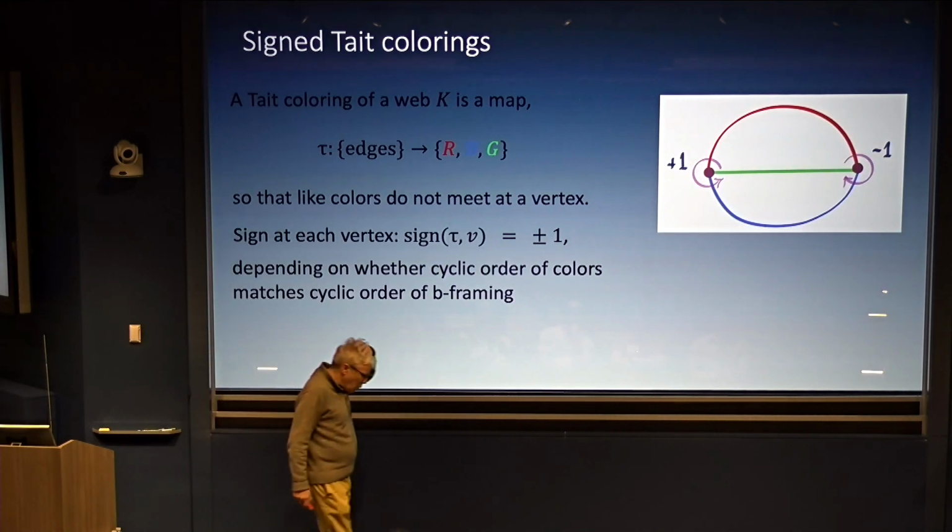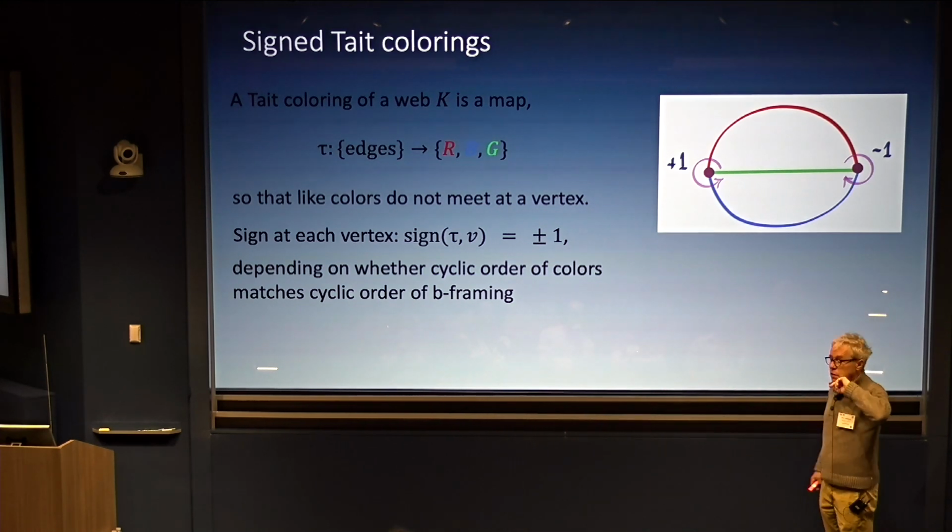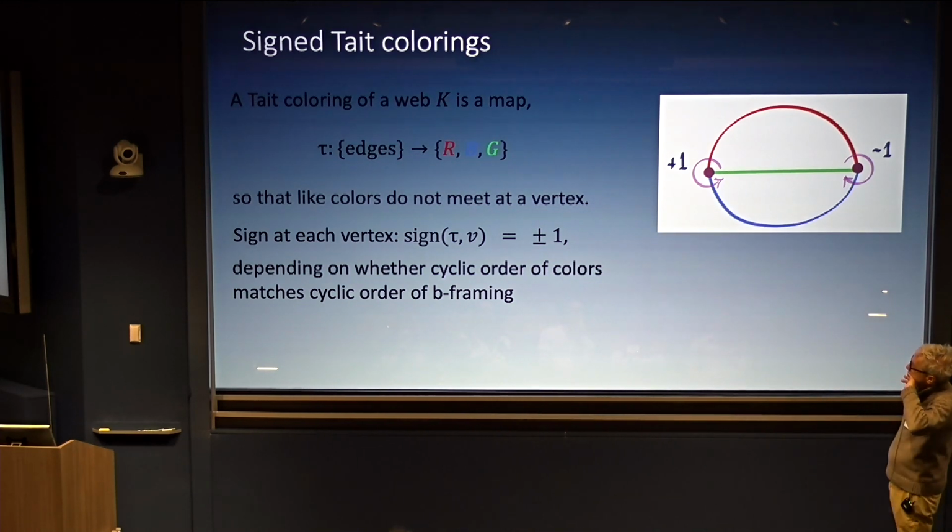When my web is framed, when I give you a cyclic order at each vertex a priori, then I can compare the cyclic ordering I gave you, the framing, to the cyclic order in which the colors come at that vertex.